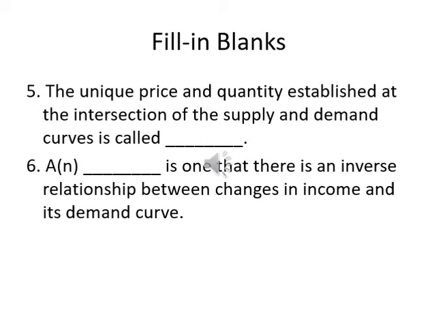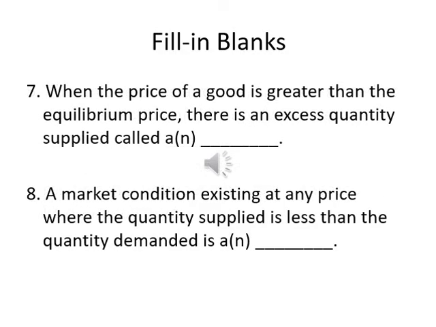The unique price and quantity established at the intersection of the supply and demand curves is called blank. 6. A(n) blank is one for which there is an inverse relationship between changes in income and its demand curve. 7.